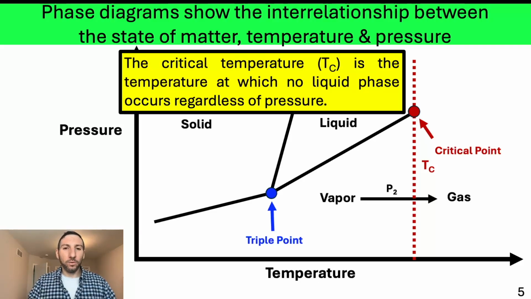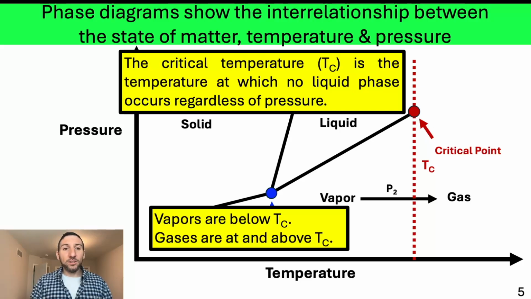And so what we normally use interchangeably as vapor and gas, there's actually a subtle difference between the two, where vapors mean that you are below your critical temperature, while gases are at and above the critical temperature. Vapors mean that you can go from a vapor to a liquid. Gases mean that you are at such a temperature you cannot form liquid. So now you know that there's clearly a difference between the two.